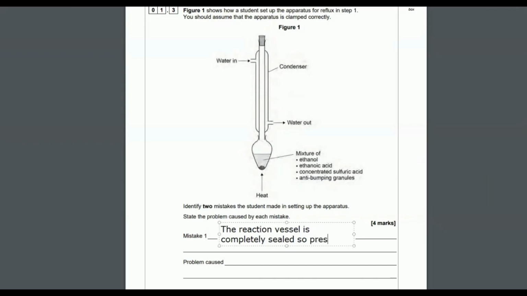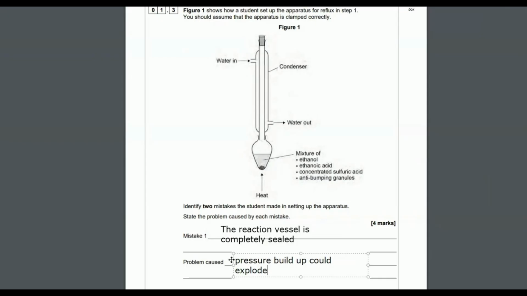That's the mistake. And the problem is pressure build-up could explode. I'm not talking about a bomb explosion, but you could have the lid fly out and your contents go everywhere. So that's going to get us 2 marks. It did say there's 2 mistakes and we need to say the 2 problems. So I'm going to scroll down for the next one.